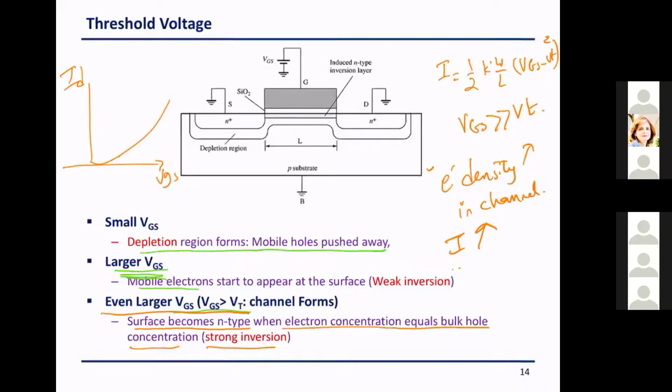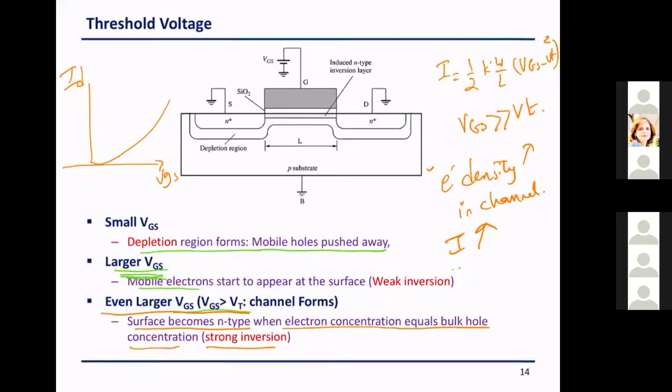When I reach strong inversion, I have a large VGS greater than VT, and this I call strong inversion. Okay? So the steps are: number one, a small VGS greater than zero is going to push away the holes and create a depletion region. Then VGS will increase to the extent that some electrons will start to appear. This is called weak inversion.